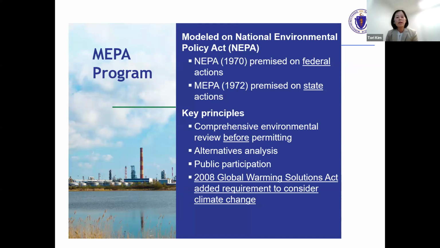So just a quick preview of the MEPA program. It's modeled on the Federal or National Environmental Policy Act. So the federal program, of course, is premised on federal actions, and state MEPA is triggered based on state actions, some municipal as well, but primarily state actions.